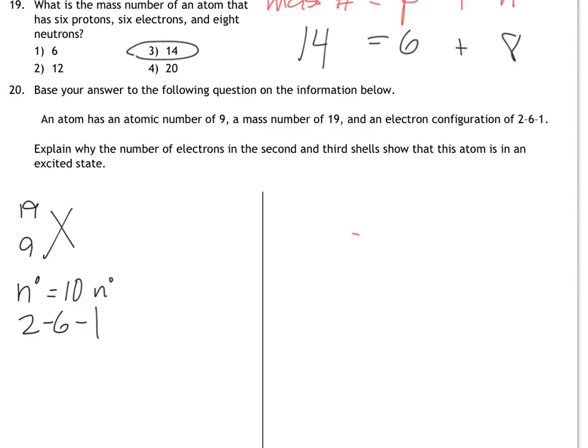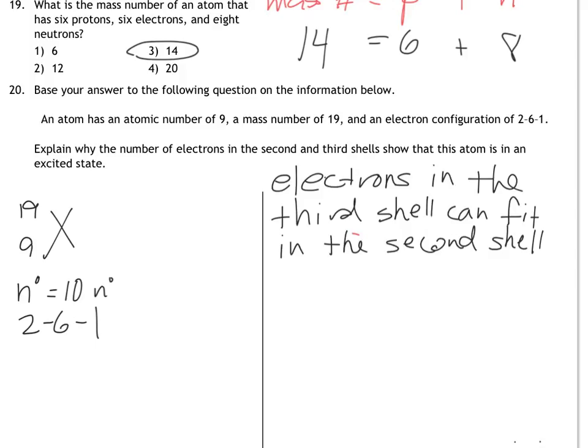As I wasn't seeing it at first, but I can see now that what I was just discussing is what the question was asking. They want to know, how does this show that it's in an excited state? So I would say, quite basically, that electrons in the third shell could have fit in the second shell. So I just wrote that answer in. Looks like I'm all set.